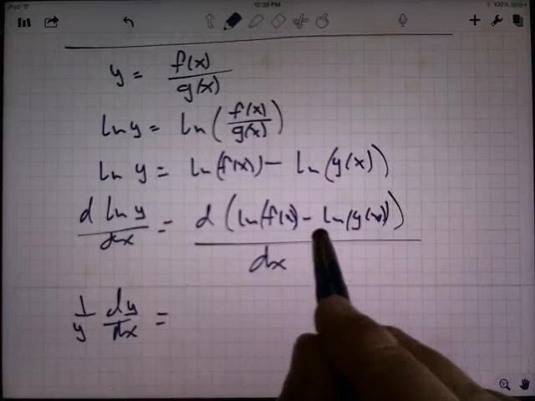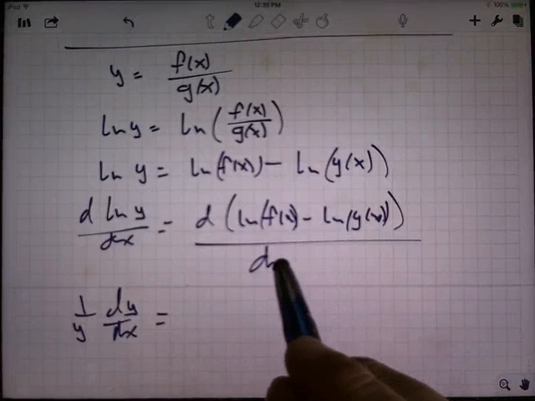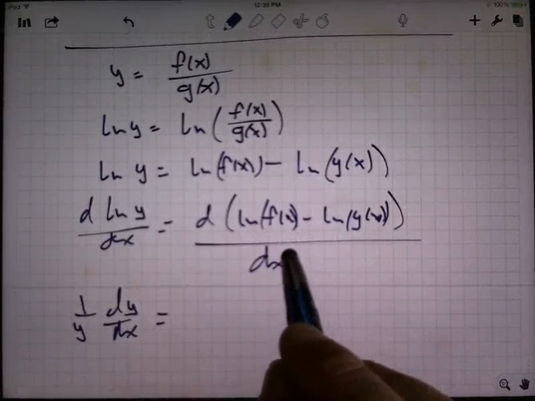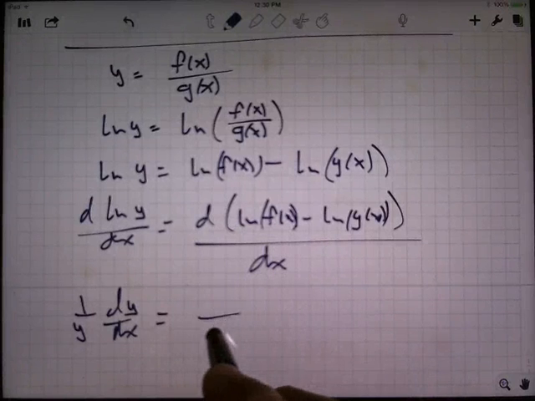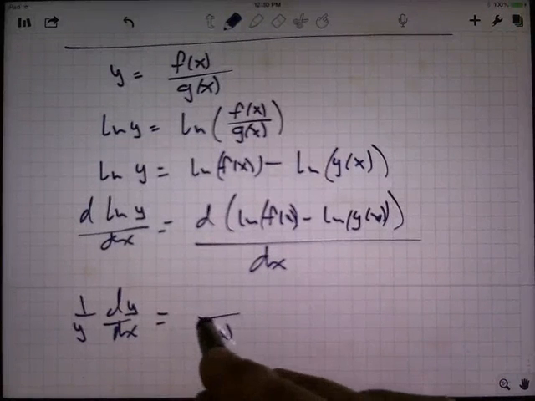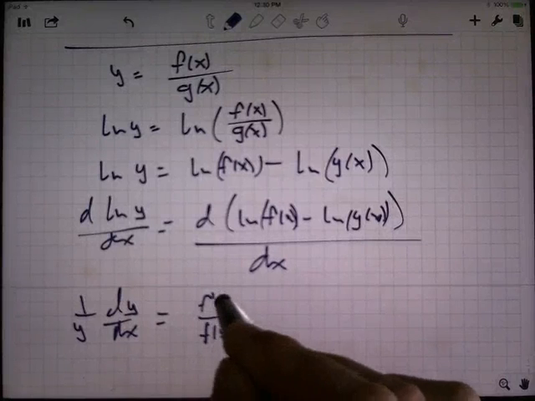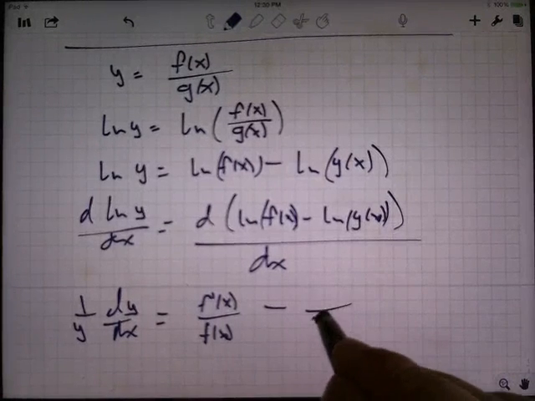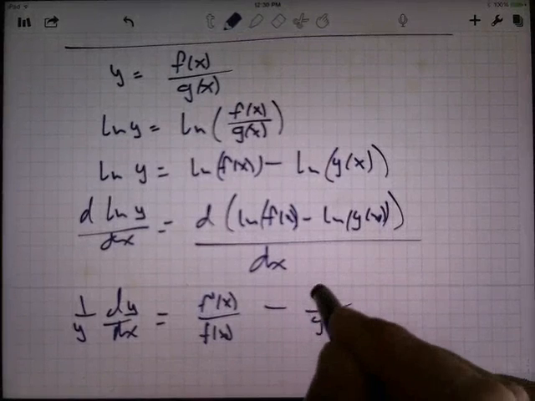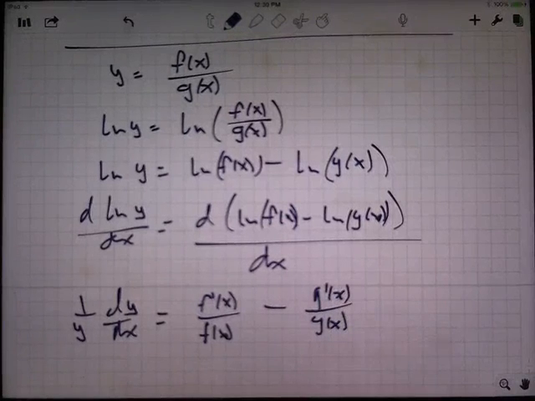And over here, the derivative of a difference is the difference of the derivatives. So the derivative of the natural log of f of x, the f of x goes in the bottom, and f prime of x goes on top. For g of x, the g of x goes in the bottom, and the g prime of x goes on top.